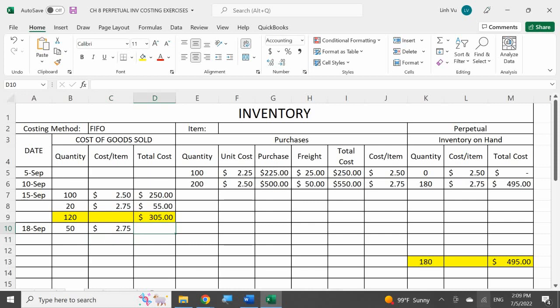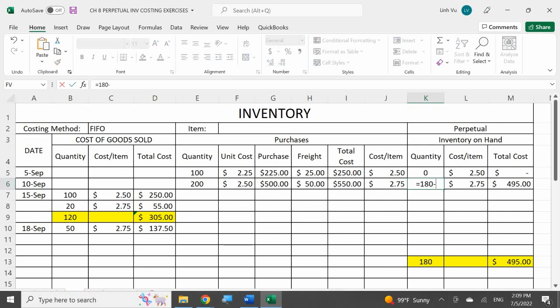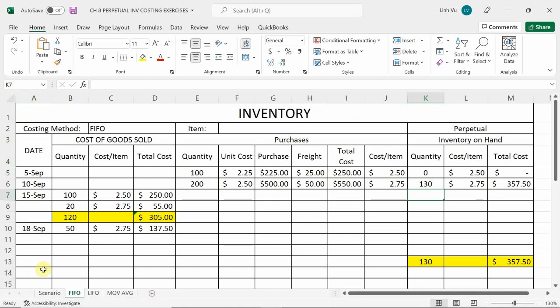So it's going to cost me $137.50 for the 50 units. I need to update my inventory: 180 minus 50 gives me 130 at $357.50. That's my goods available, and this is what I sold already.